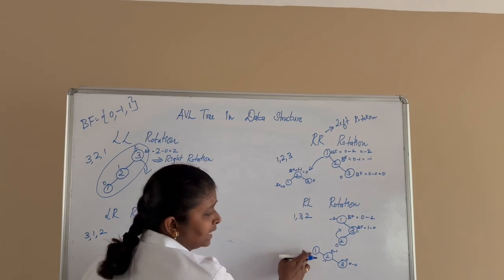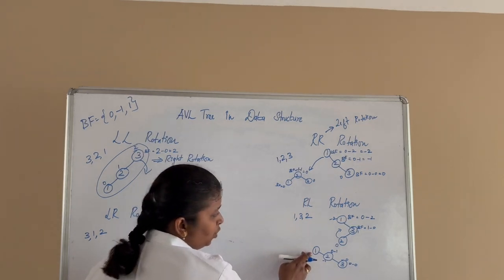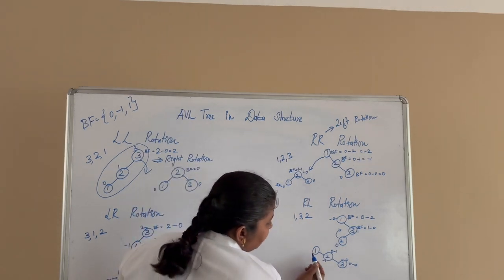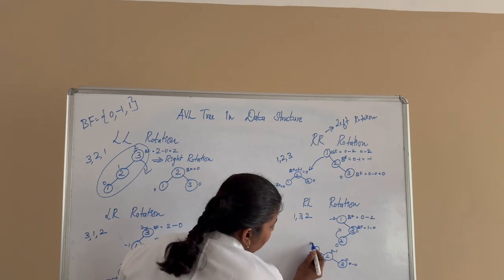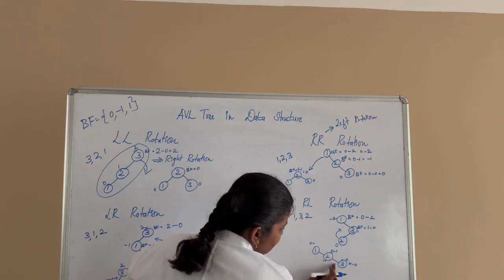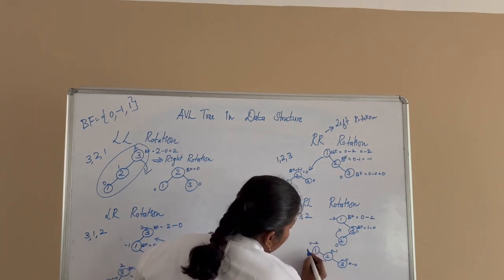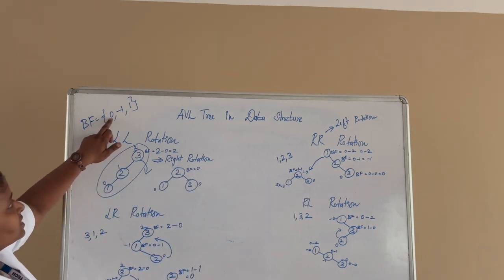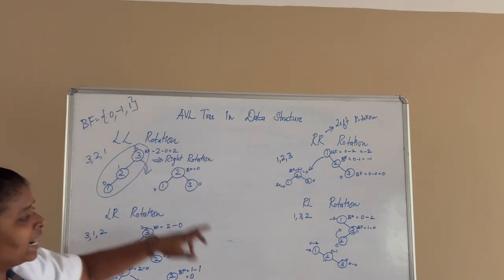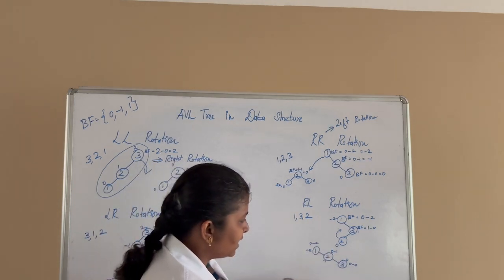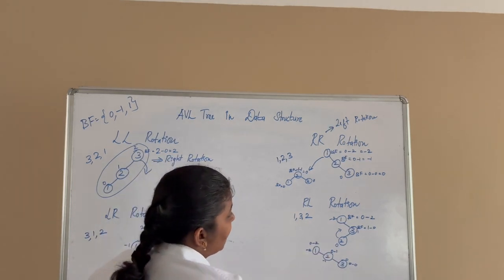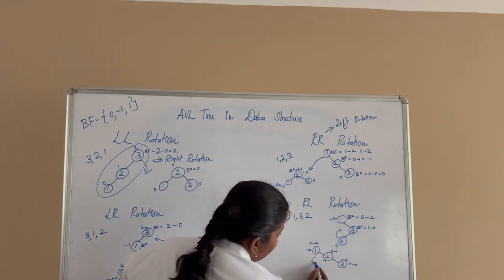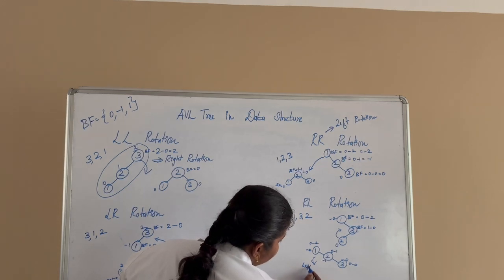For the balance factor of the root node 1, the height of the left subtree is 0 minus the height of the right subtree, which is minus 2. So minus 2 is not within 0, minus 1 and 1, and this tree is not balanced. So we have to perform left rotation in order to make the tree balanced.